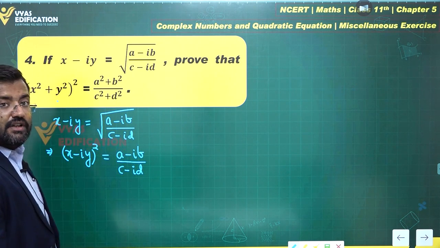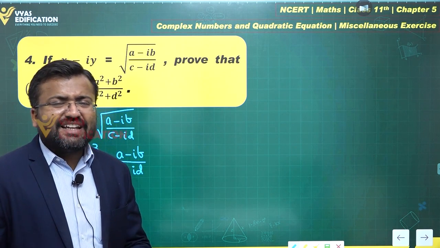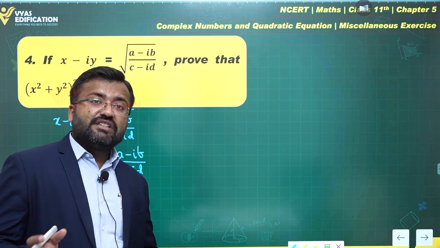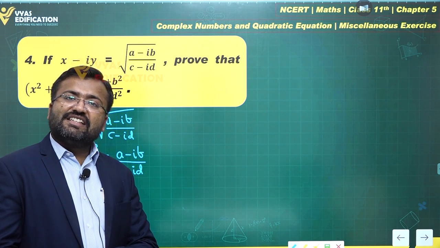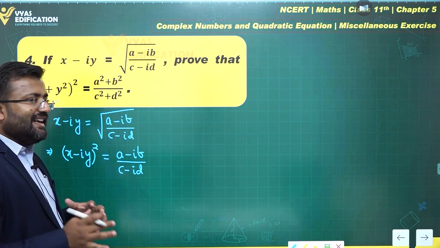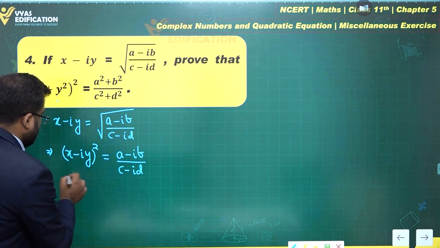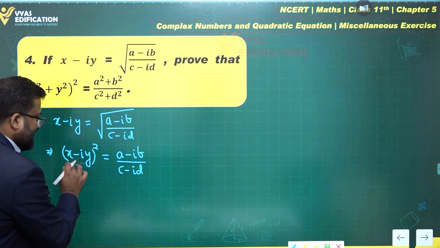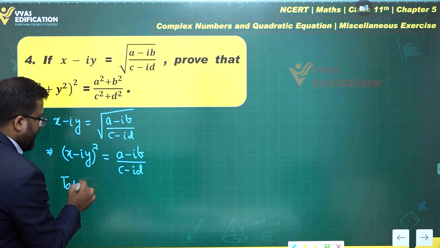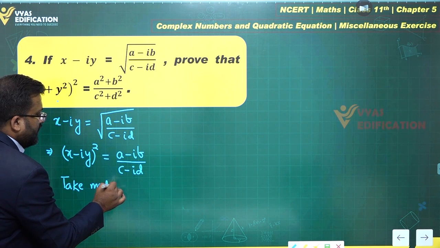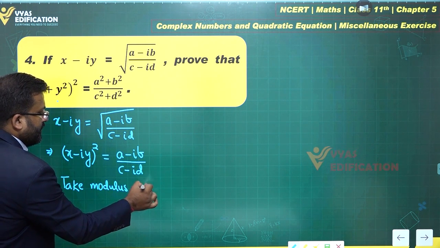This is what you have, right? And once I reach this stage, there are two complex numbers on both sides, LHS and the RHS. What I'll do is I'll take modulus both sides. Since this is equal to this, their modulus would also be equal. So take modulus both sides.